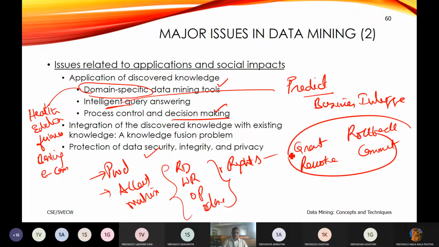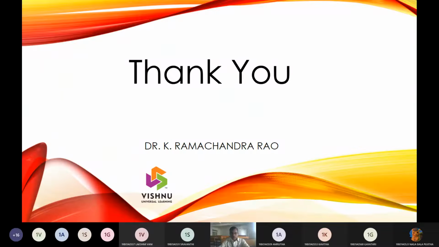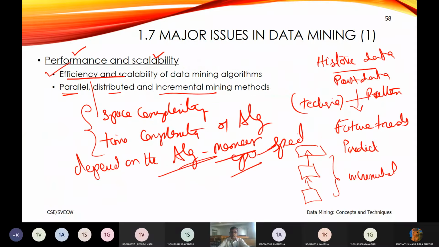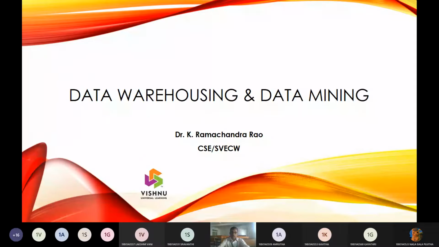All these options are going to provide the privacy and the data security for the data which is going to be in the data warehouse. So this is all about the major issues we were talking about.